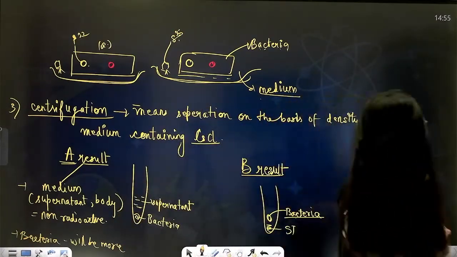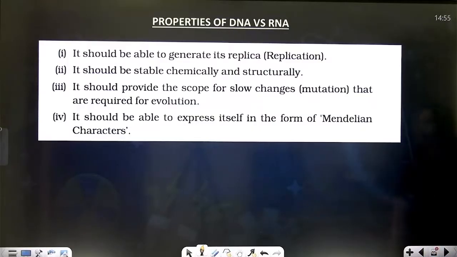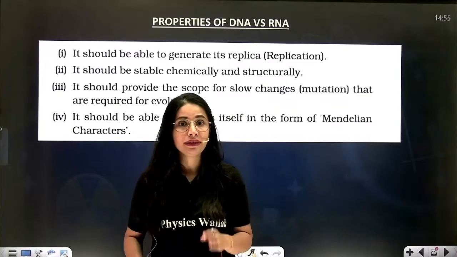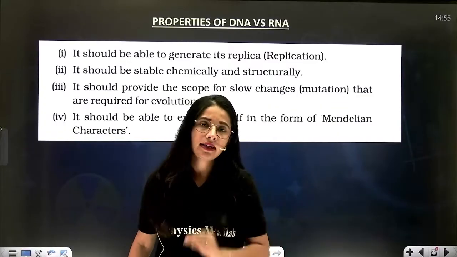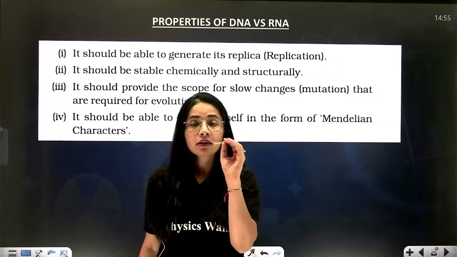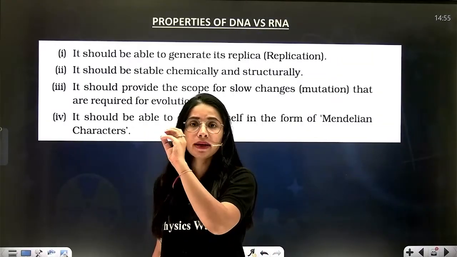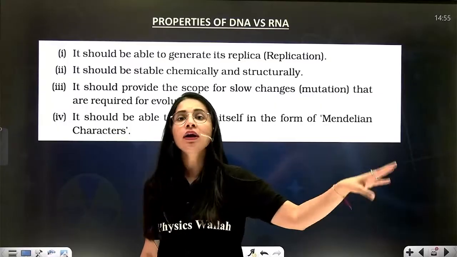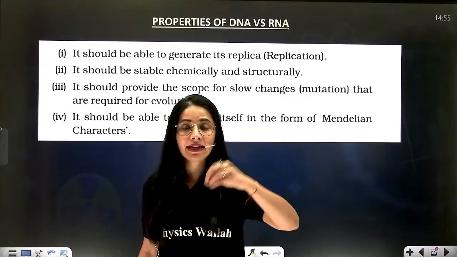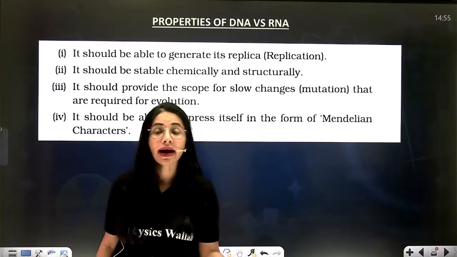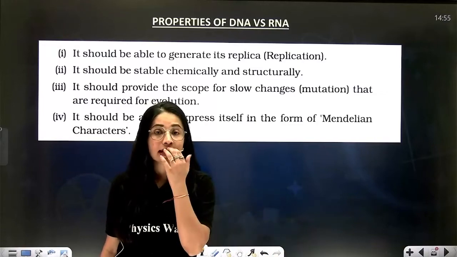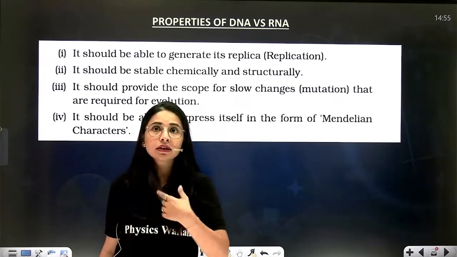Now we are proceeding with the next topic, a very simple topic which is going to help you decide why DNA, and why not RNA or protein. Griffith, Avery, MacLeod, McCarthy, Hershey and Chase, all their experiments showed that DNA is the genetic material, but not why RNA or protein are not.